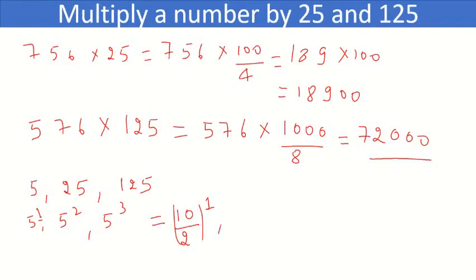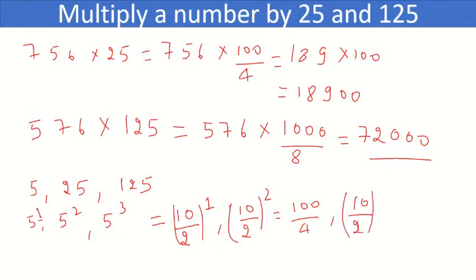For 5 square it will be 10 by 2 raised to the power 2, that is 100 by 4. And for 5 cube we have 10 by 2 raised to the power 3, as 1000 divided by 8. These results extend to 625 and other values of 5 raised to the power n, where we have 10 by 2 raised to the power n. So this is all for 5.